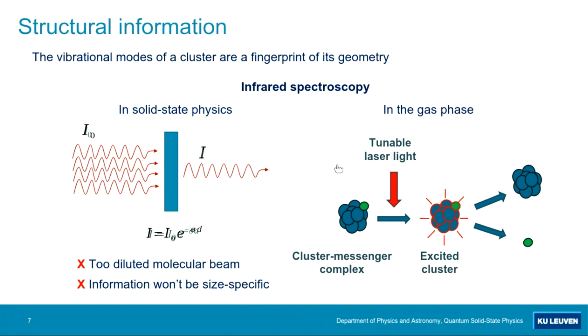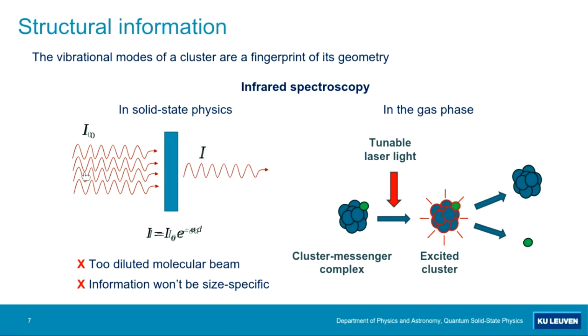So like in solid state physics, I don't know if there are any solid state physicists in the audience, but in solid state physics, what you will do is record an infrared spectrum of a solid, for instance, because vibrations of atoms are normally in that energy range, where photons are in the infrared range. So to measure that, you have a sample, and then you excite with light.